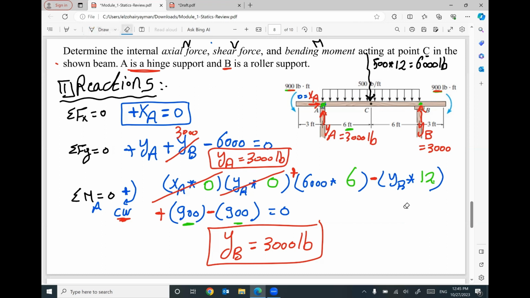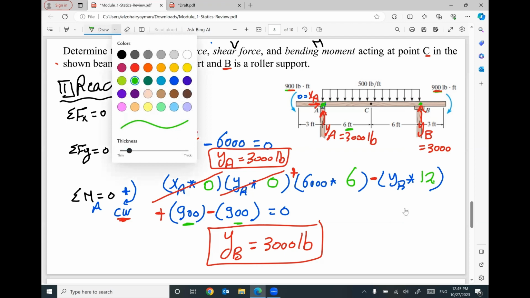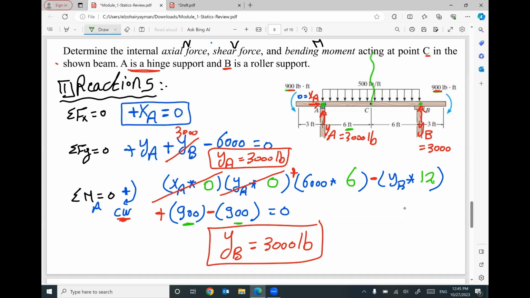Second step. At point C, I will do a cut. I will cut the beam into 2 parts at point C, because I'm looking to figure out the internal forces.